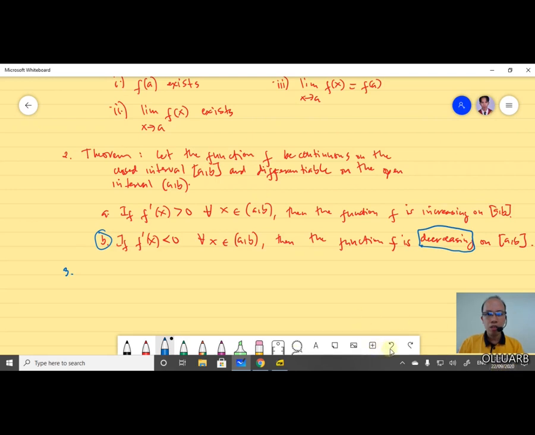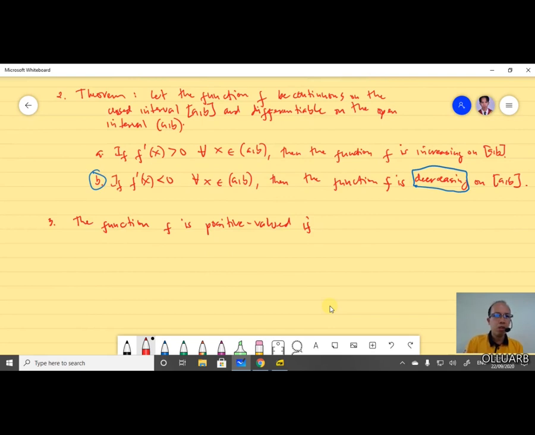Number 3, the function f is positive valued if it will satisfy this.